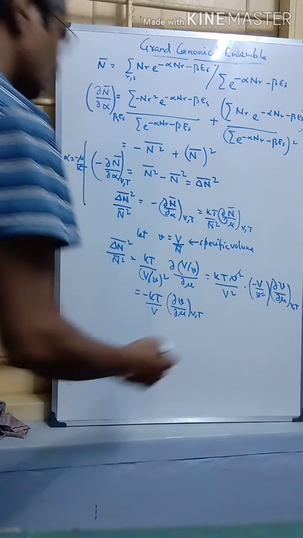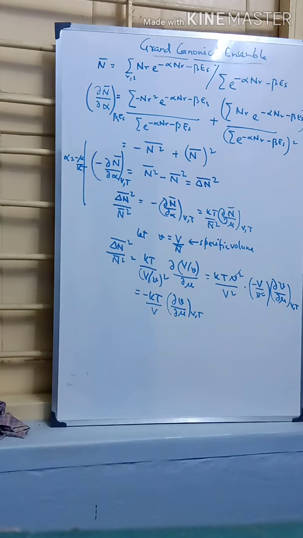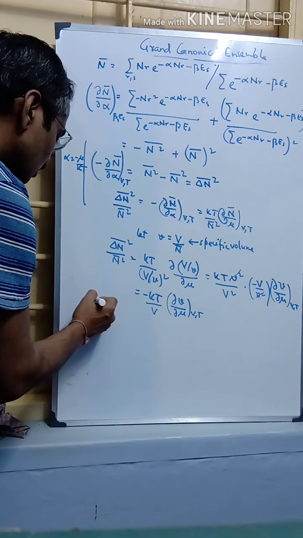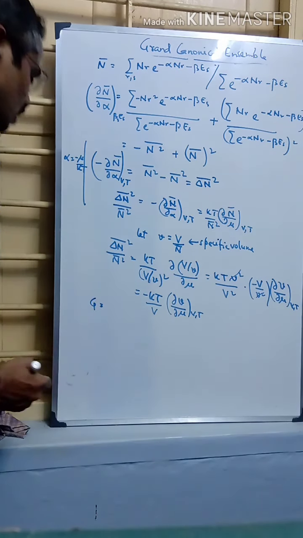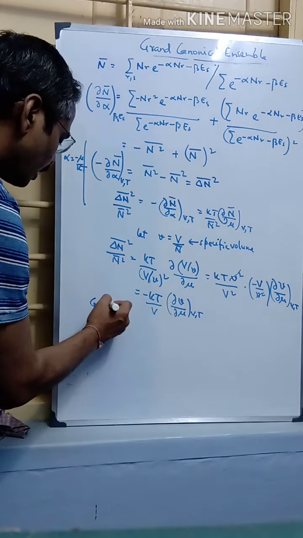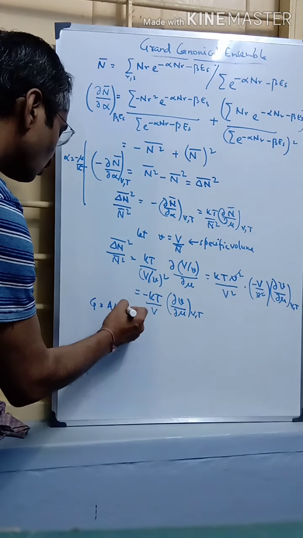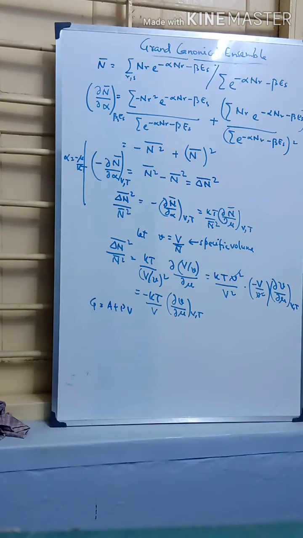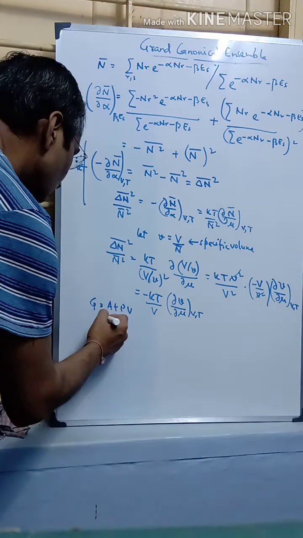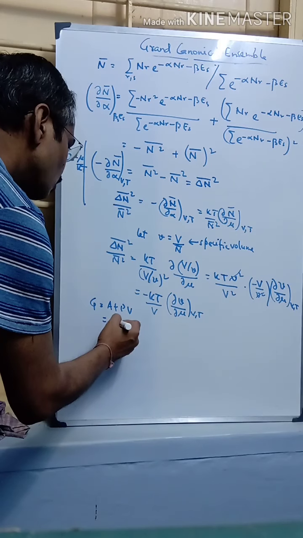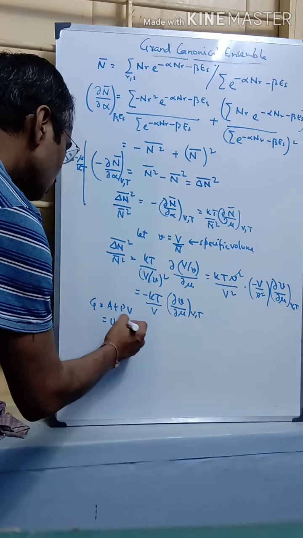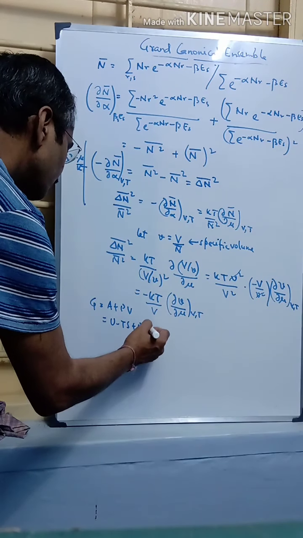We know that the Gibbs free energy is given by A plus PV, which is equal to U minus TS plus PV.